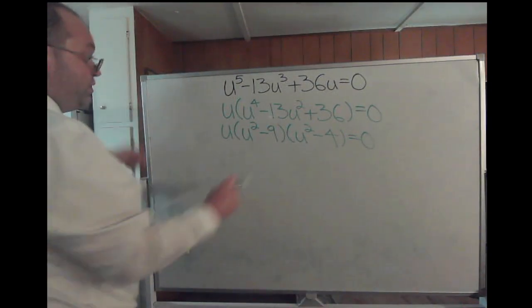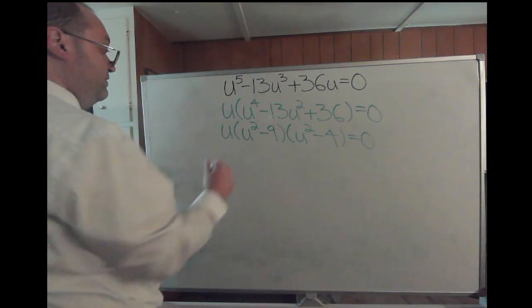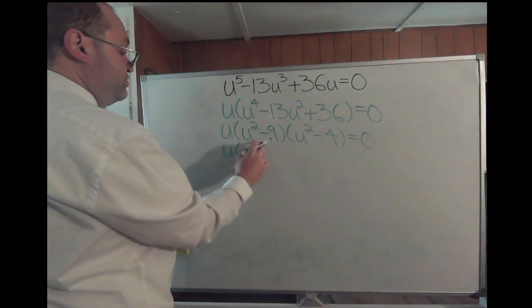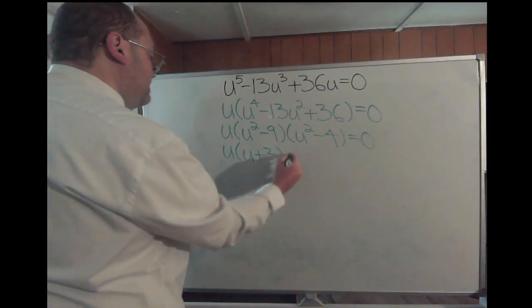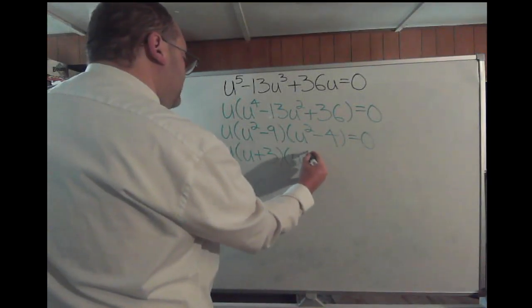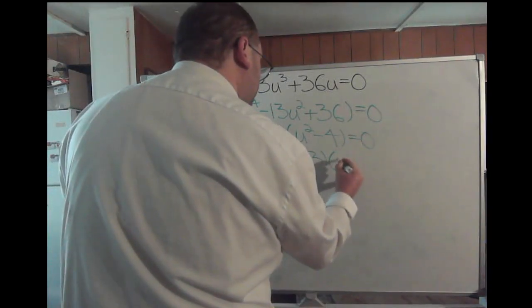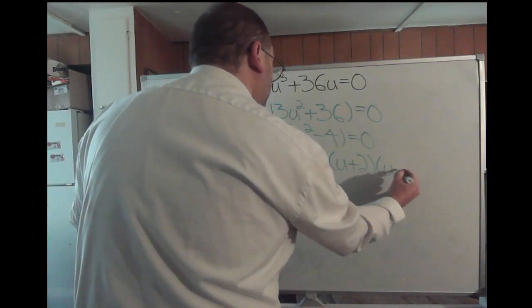Well, the u squared minus 9 and the u squared minus 4 factor even further. You'll have u times the quantity u plus 3 times the quantity of u minus 3. And then u squared minus 4 factors into u plus 2 times the quantity of u minus 2.